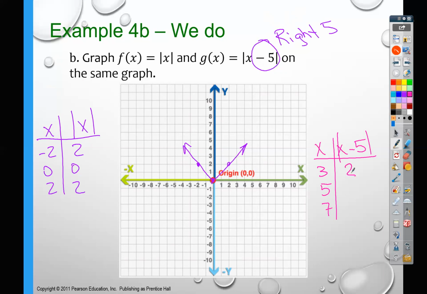The absolute value of that is 2. 5 minus 5 is 0. Absolute value 0. 7 minus 5 is 2. The absolute value of that is 2. So now I'm going to plot these numbers: 3, 2, 5, 0, and 7, 2. And then I'm going to graph it. And there you can see it is shifted to the right 5.